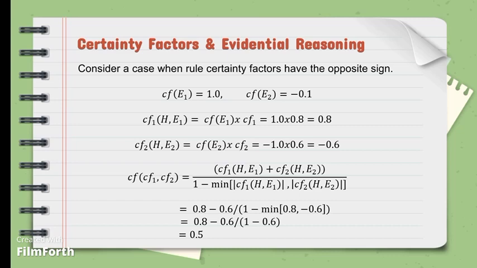So in this case, the second equation of combined certainty factor is used because one of the evidence, which is evidence sub 2, is less than 0. So the combined certainty factor of rule number 1 and 2 is 0.5.